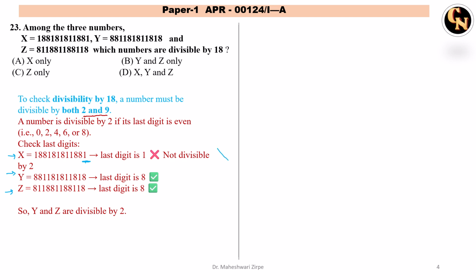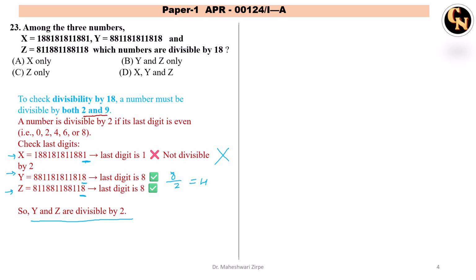So this number is not divisible by 2. Similarly for y, the last digit is 8, so it is divisible by 2. Correct? Similarly here also the last digit is 8, so it is divisible by 2. So these two numbers, y and z, are divisible by 2.